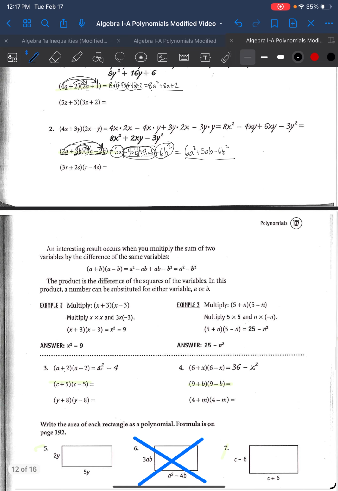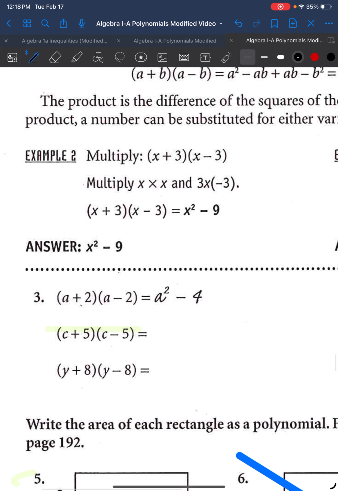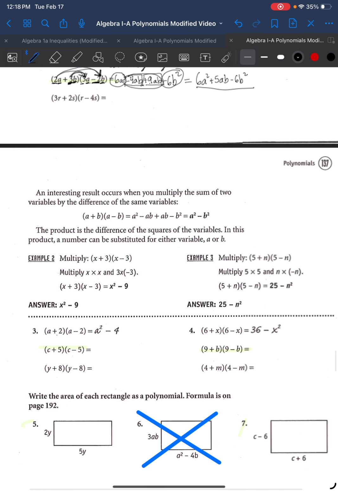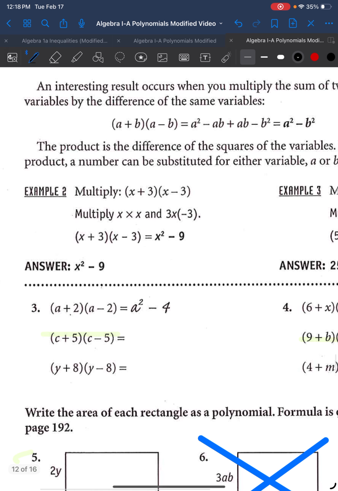Okay. So on these next ones, it's actually a lot simpler. It's a lot easier than the ones we just did. What they want you to notice is that the middle parts will just kind of go away, and I'll show you what that means. So if I am doing the exact same thing I did before, c times c is c squared.